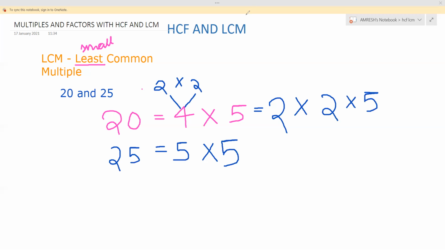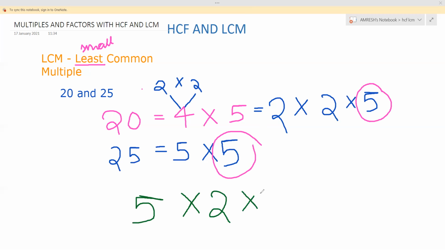So what I have got here: 5 comes 2 times, write it once. 2 into 2, write it as 2 into 2. Again, when 5 is there, write that 5 also. Multiply. 5 2s are 10, 10 2s are 20, 20 5s are 100.